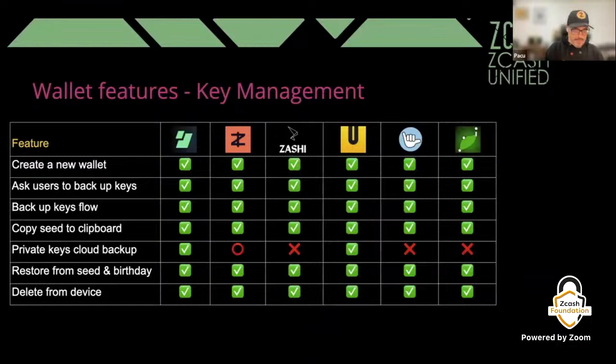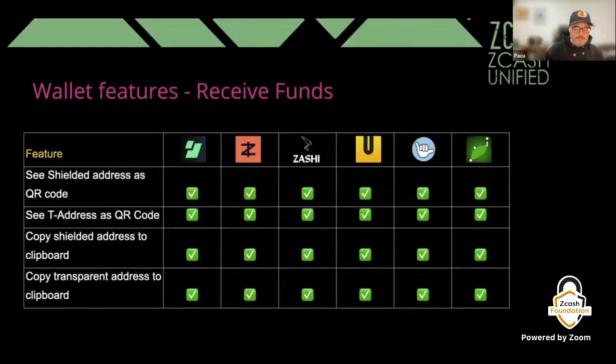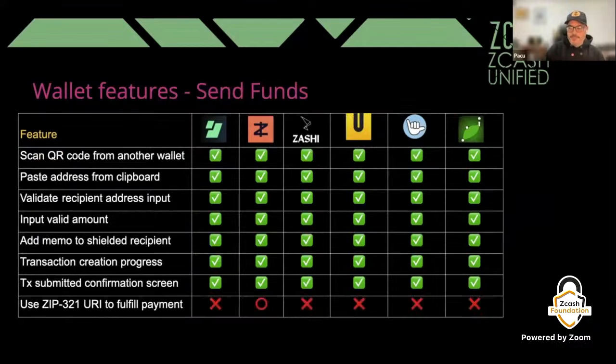Last year we did a small comparison of the features that these 6 wallets had, and we ran through many of the current features and saw what things were there, what things were missing, and we could see that we have really functionalities for sending, receiving Zcash, shielded and transparent.